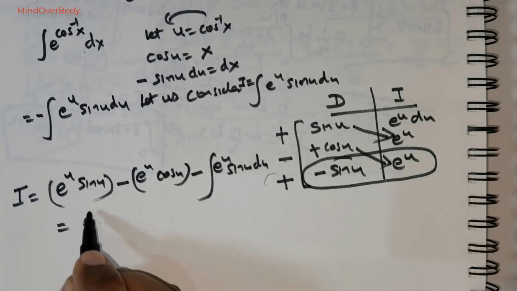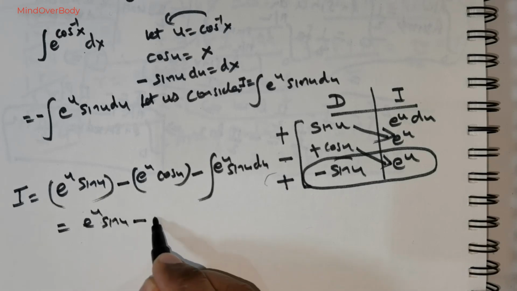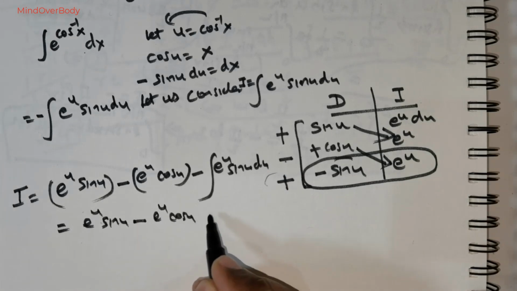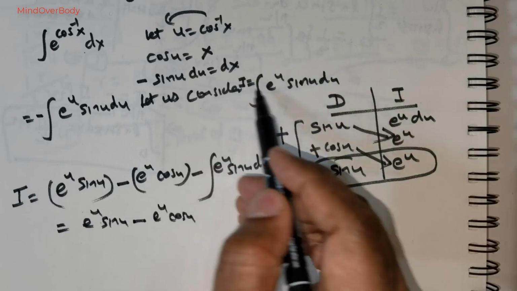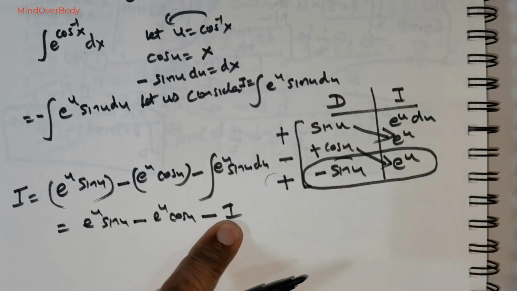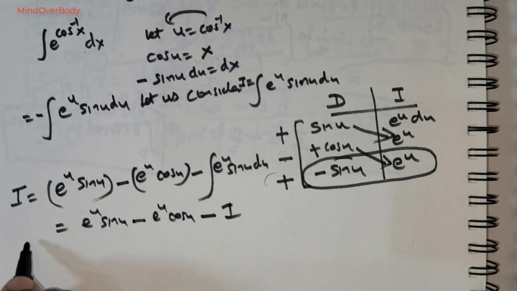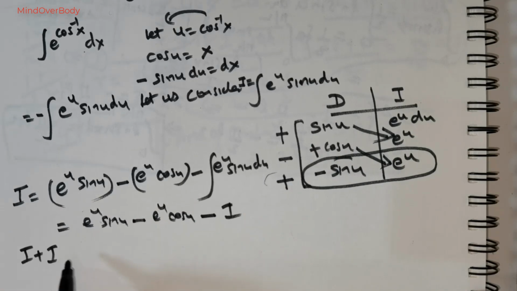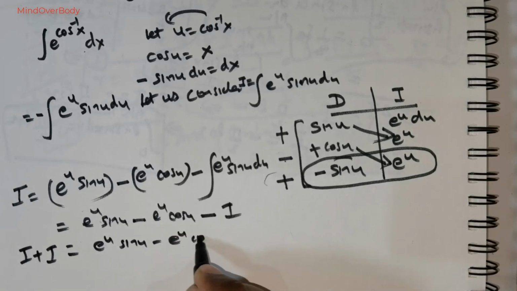So this is equal to e raised to the power of u sine u minus e raised to the power of u cos u, but this is nothing but my I. So I place a negative I, so I move this negative I to the other side, and that would be I plus I is equal to e raised to the power of u sine u minus e raised to the power of u cos u.